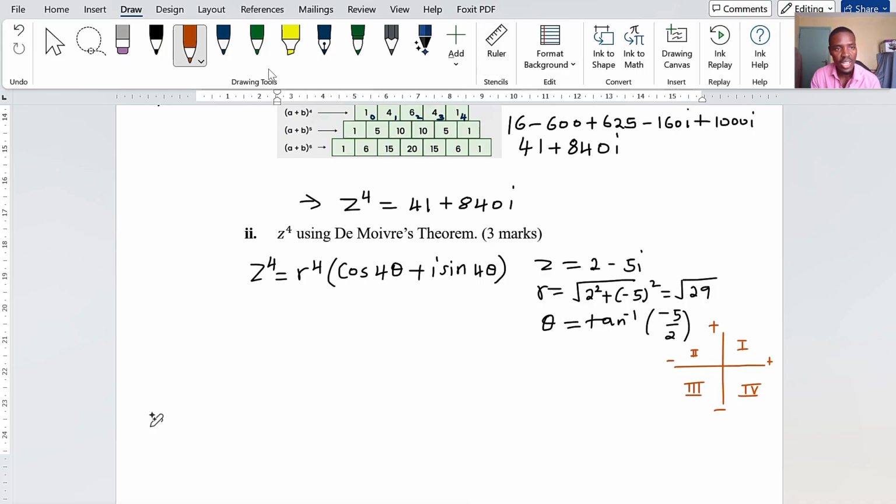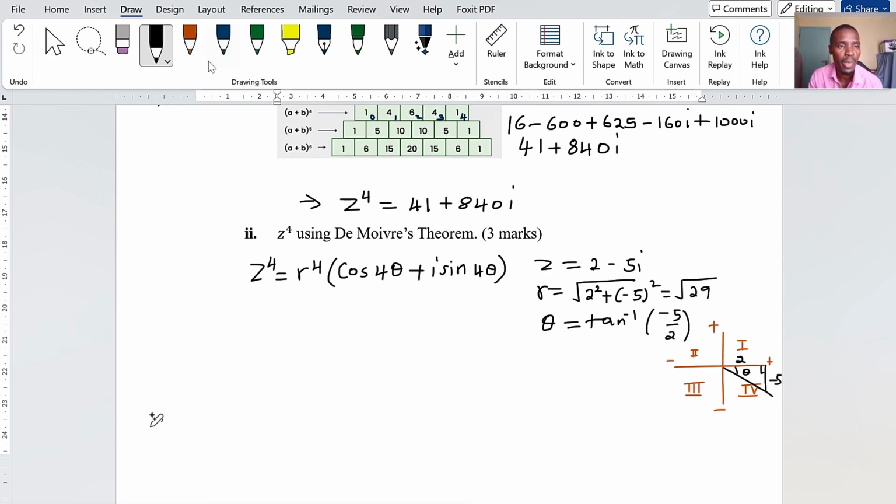So let me just draw it there so that you see what we mean. So it is here. Now we need this theta here. Remember, this will be your y, which is negative 5, and your x is 2. So it matches perfectly. X is positive, y is negative, and this is 90. So this is opposite, and this is adjacent.